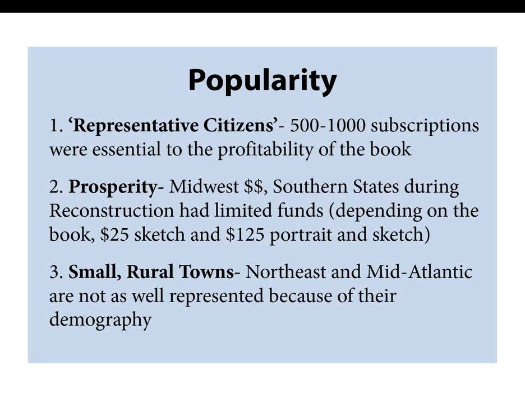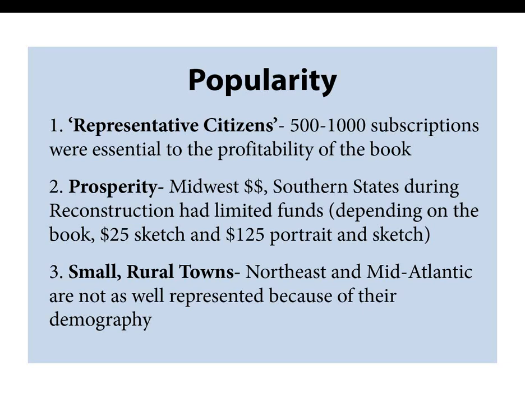So these mug books were really popular in the 1870s and 1880s. So this is right during Reconstruction. So we don't really see the prosperity of the southern states creating a large amount of county histories and mug books for that particular region. We do see them in the Midwest.